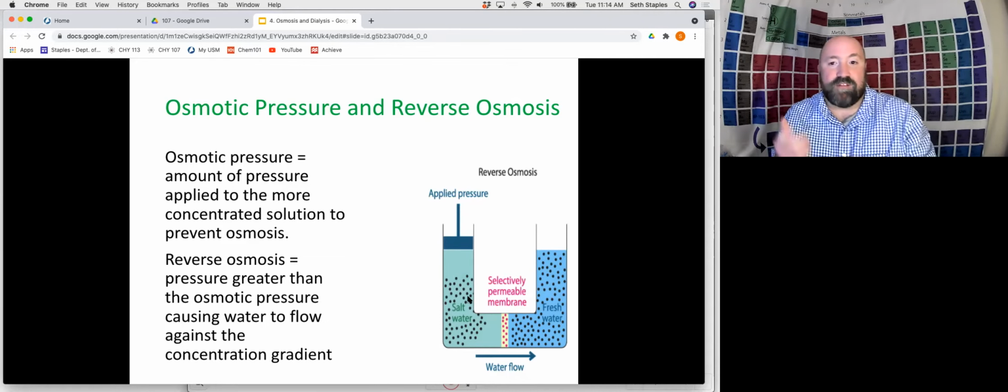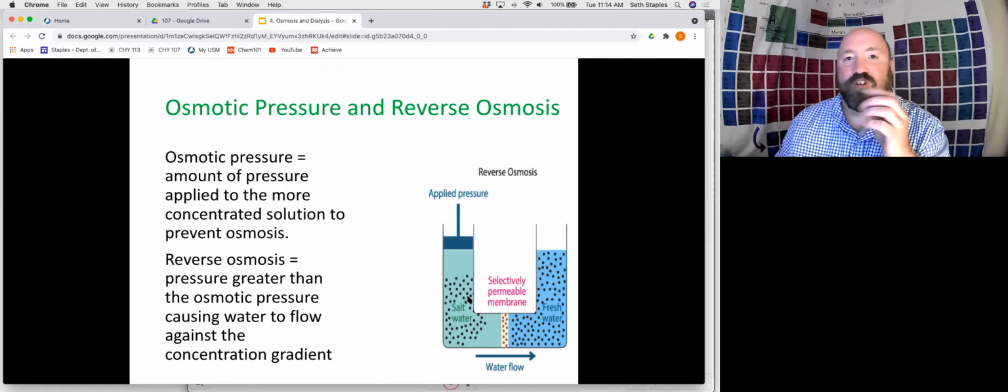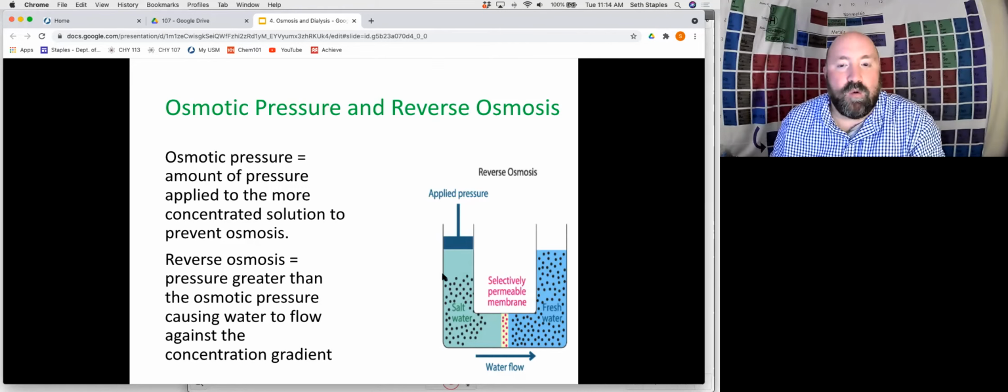So we set up this chamber, which now has an osmotic pressure. The water wants to flow, but we apply pressure to reverse the direction of that flow. And that's going to then take some of the water that was here, basically pump it over into our freshwater side, but it's only going to move the water. And so what'll be left over here is just a little bit of water and a whole lot of salt.